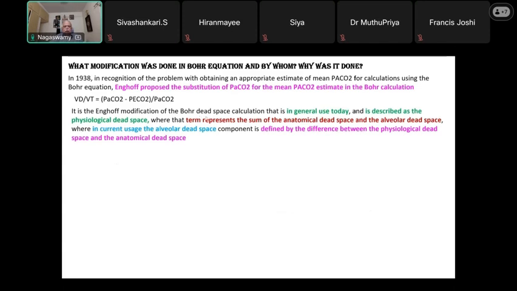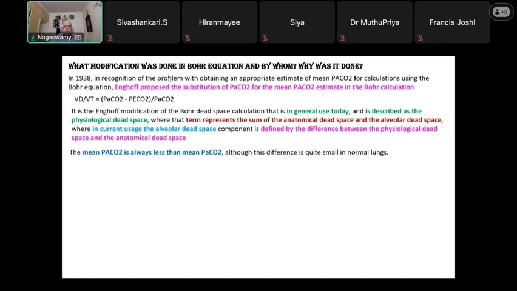The Enghoff modification of dead space calculation is in general use today and is described as the physiological dead space, which is the sum of anatomic dead space and alveolar dead space, which we will see very soon. The current usage of alveolar dead space is defined by the difference between the physiological dead space and anatomical dead space.